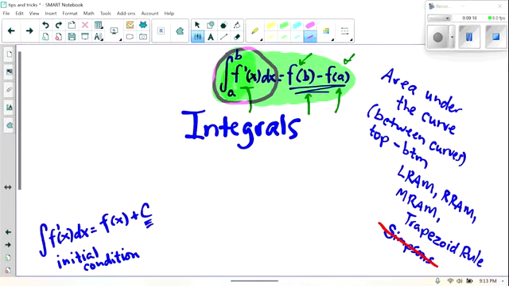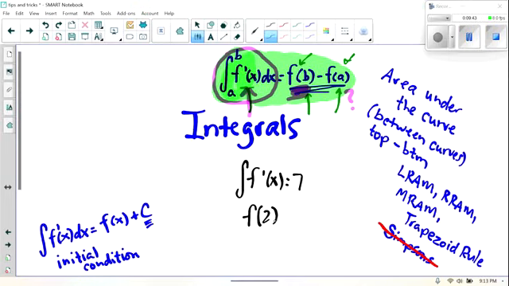They will give you the value of the original equation, if this is a rate, for one of the bounds, and expect you to find the other. You simply set this up. The way they typically ask it is, if the integral of f prime, some rate, is 7, and f of 2 is 8, what's f of 1?